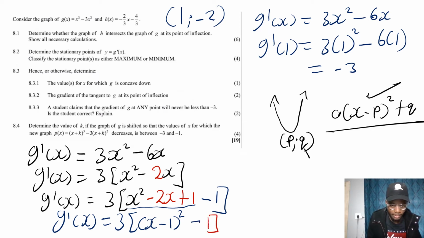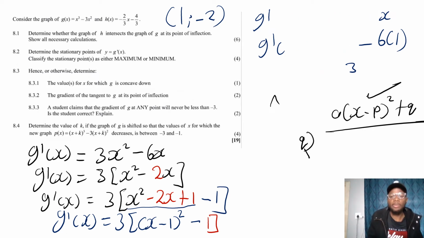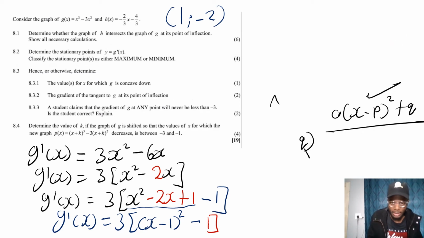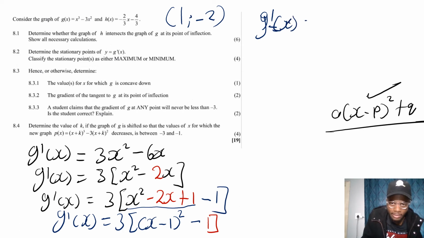All right, then let's make it to be like that one of a into x minus p squared plus q. Don't forget that. It's our main aim. So now we have to multiply everything with 3. The derivative, because we are talking about the gradient. A gradient is a derivative.